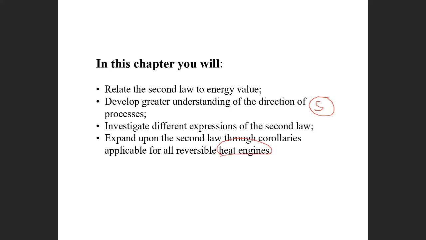For a forward heat engine, we need a device to convert heat into work. That's very common, like steam turbines, cars, trains, airplanes, and also power plants. And we also have the reversed heat engine, which can help us extract heat from a cooler body and reject heat to a hotter body.